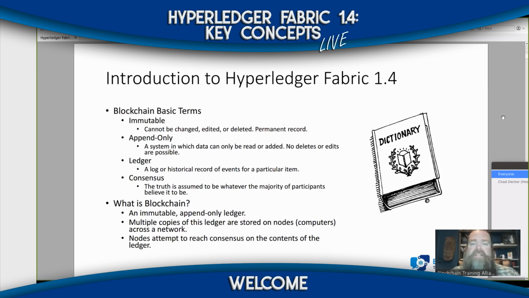And that leads to its append-only nature. If we want to add more data to the ledger, we simply append it to the bottom. And this is how we manage update and delete scenarios in the blockchain world. If we have a record and that record is updated, well, we don't update the record in place.